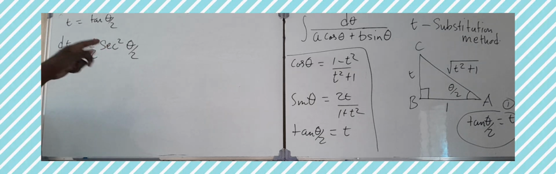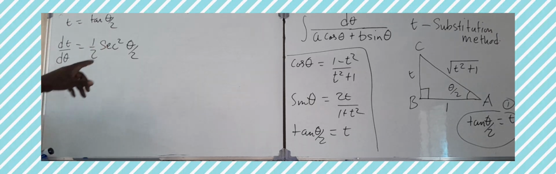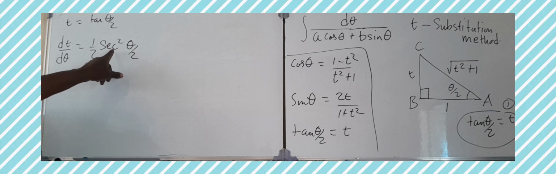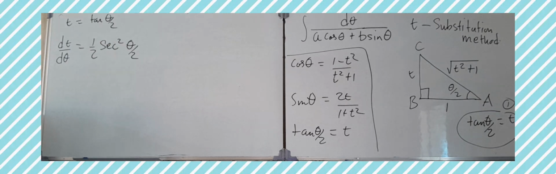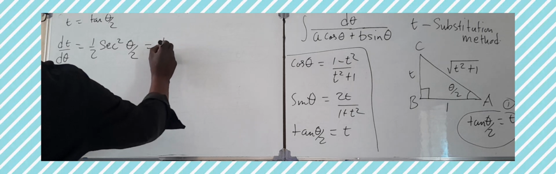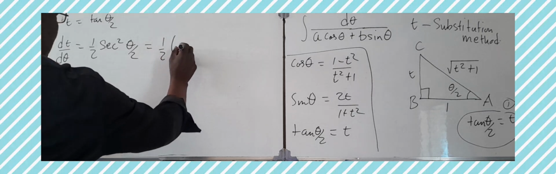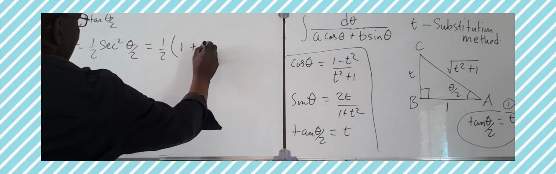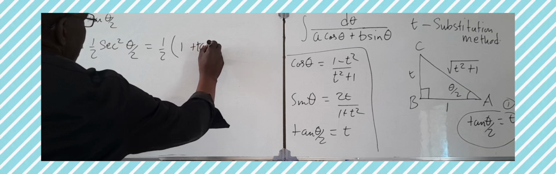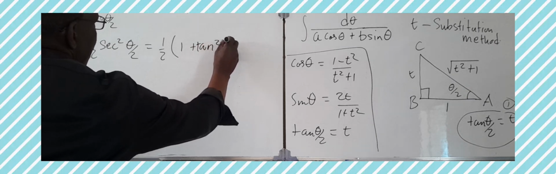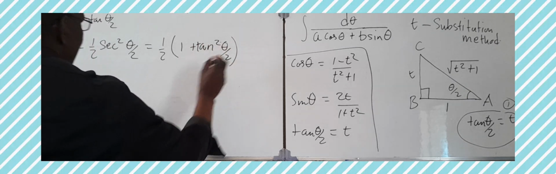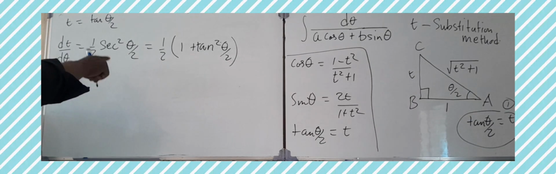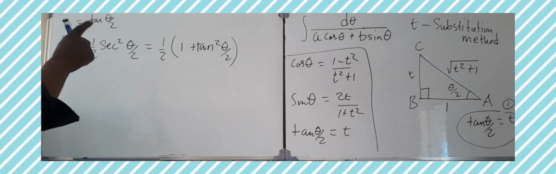Well, we also know that there is an identity that links sec squared theta and tan squared theta. Sec squared theta is equal to 1 plus tan squared theta.